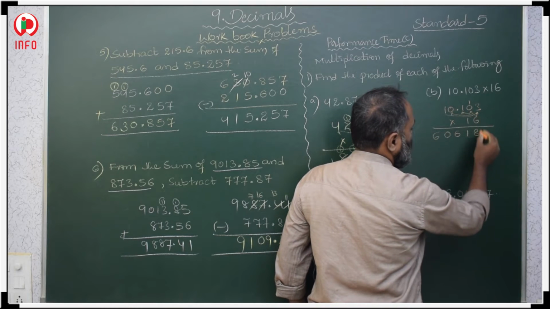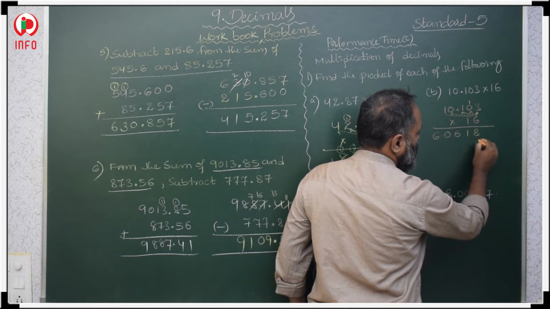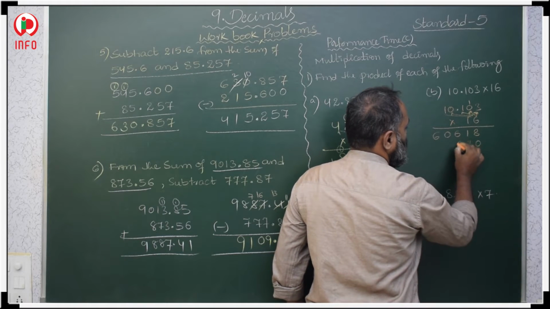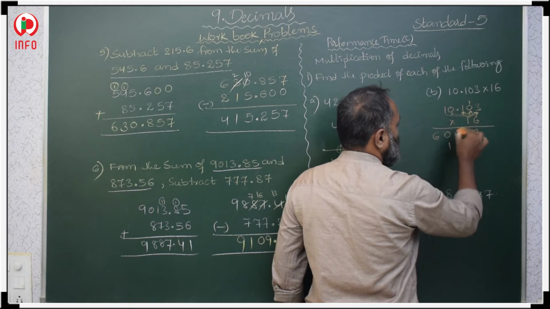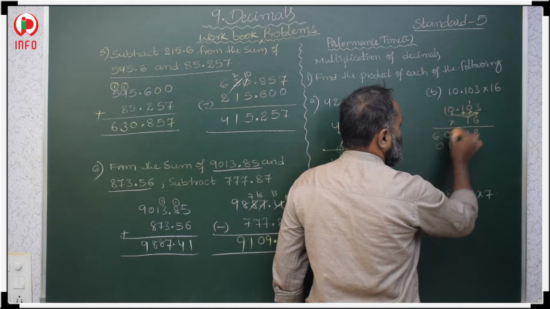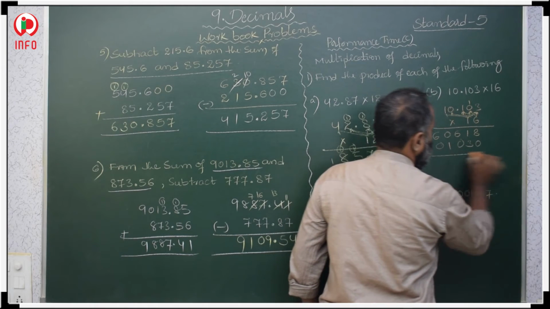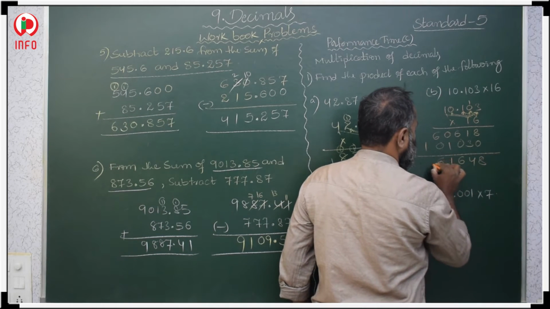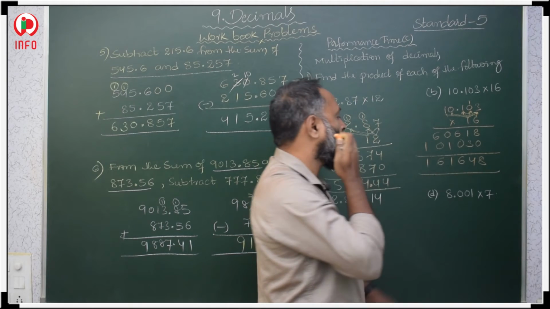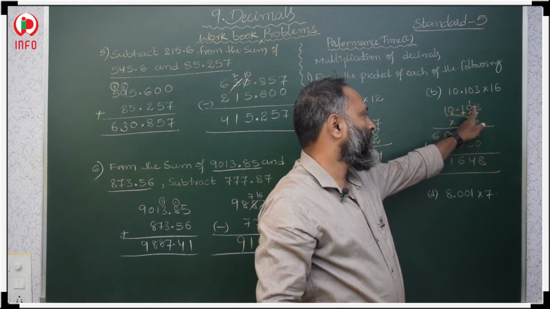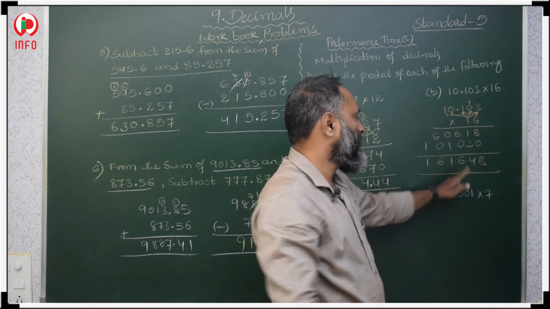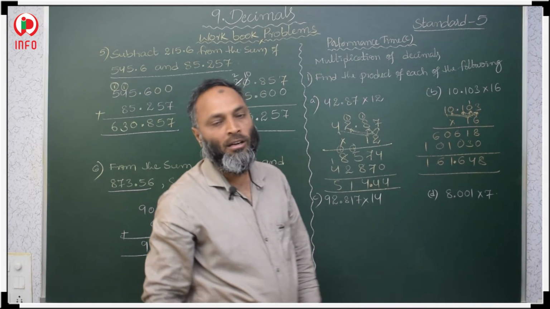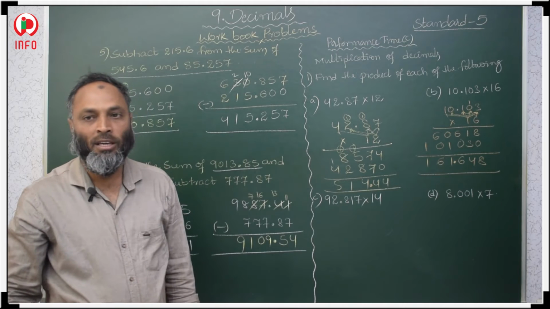Again with 1, it is in the tens place, so start with 0. 1 3s are 3, 1 zeros are 0, 1 1s are 1, 1 zeros are 0, 1 1s are 1. Now, 8 4 6 1 6 1. Now see here, after 3 digits we keep a decimal, 1 2 3, that is 161.648 after 3 digits. Okay.